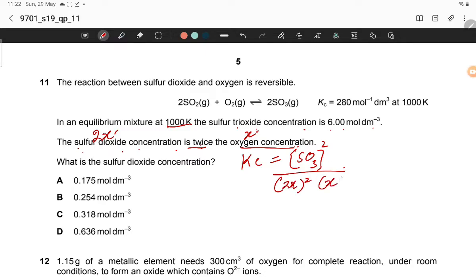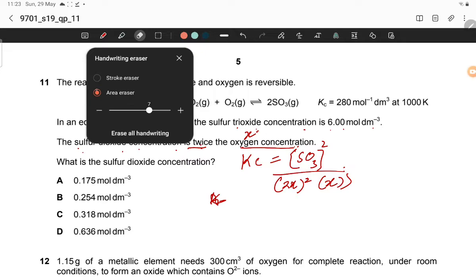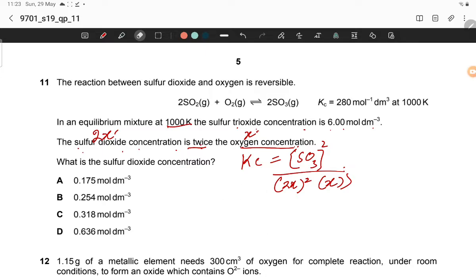So the square of 2x, times x. The value of Kc is 2.80, which is equal to sulfur trioxide squared, which is 6 mole per dm cube, 6 squared, divided by 2x squared times x, which is 4x squared times x.